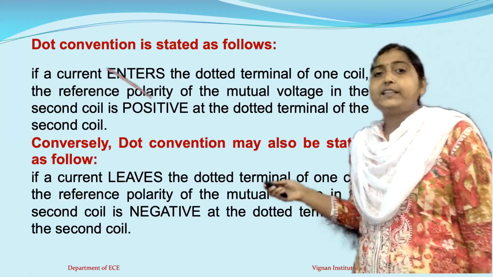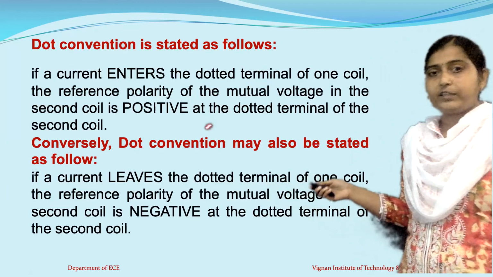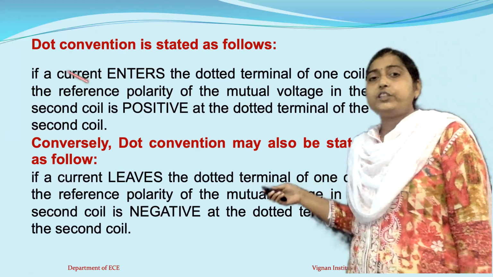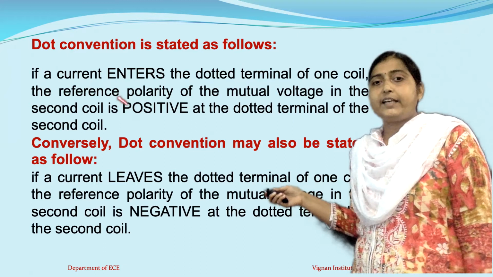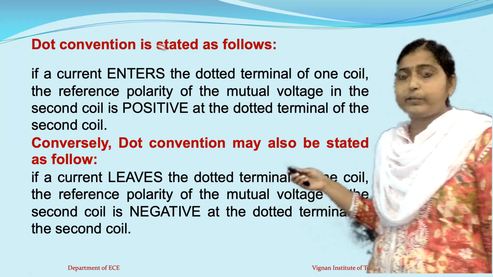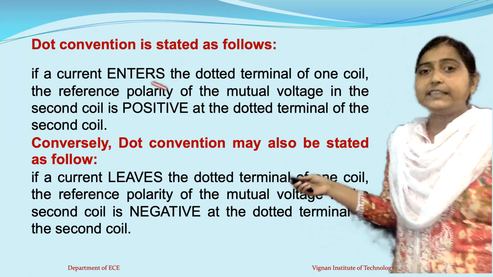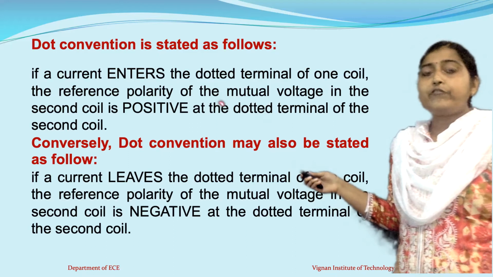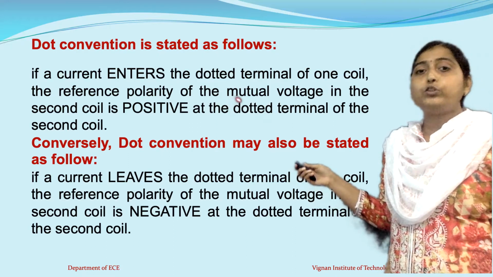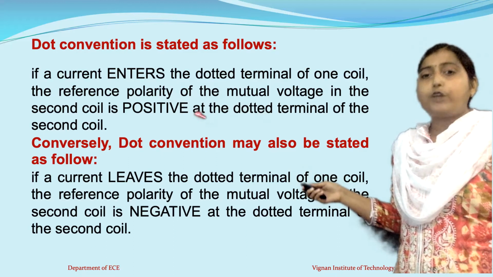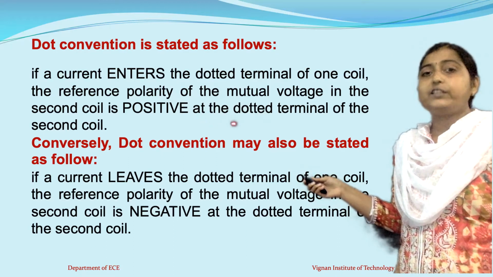Now let us understand the dot convention here. So how do we define a dot convention? Dot convention is nothing but if a current enters the dotted terminal of one coil, please remember, the reference polarity of the mutual voltage in the second coil is considered as positive at the dotted terminal of the second coil.